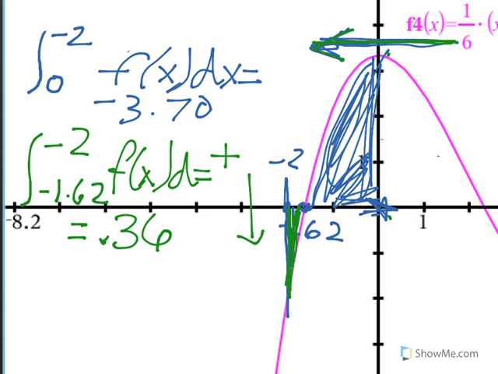That value is positive 0.36. So now if we want to find the net area of this whole section, the integral from 0 to negative 2, this one up here equals negative 1.62.